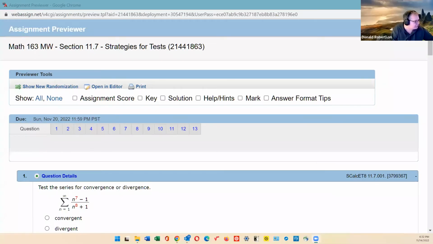Now, I want to show you the next section for today, the last section actually, a brand new section. We kind of talked about it a little bit, and that is, how do we know what test to use?